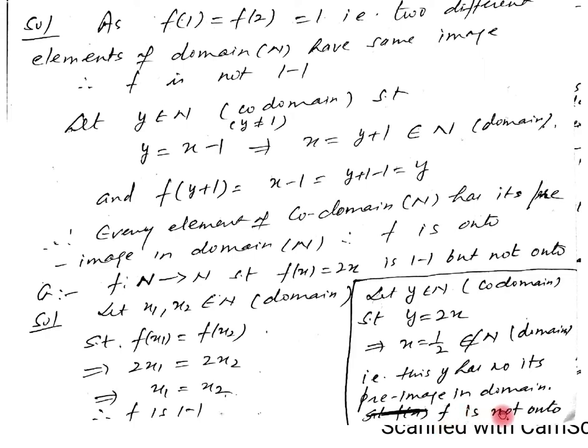Therefore, the function is not onto. For example, if x equal to y by 2, when I take y equal to 1, then x equal to 1 by 2, which does not belong to N. Therefore, y has no preimage in the domain, so the function is not onto.